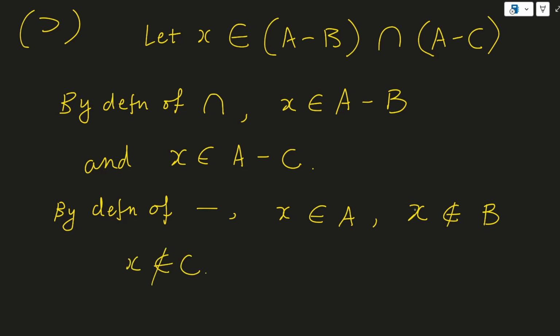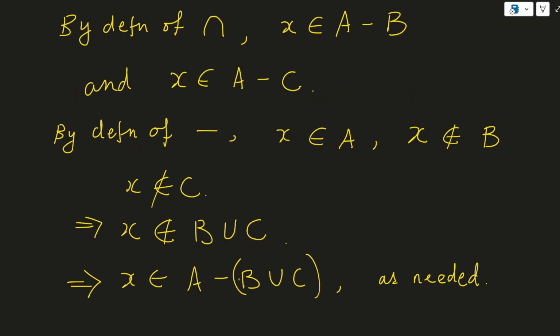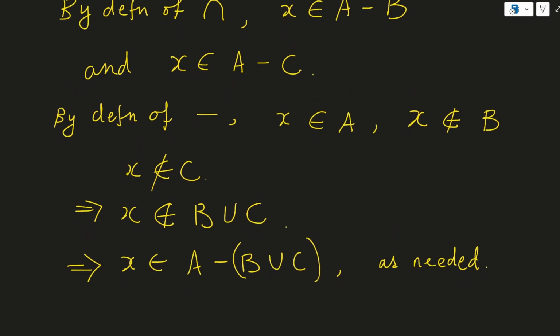So we see that X is in neither B nor C. That means X cannot be in the union of B and C. But at the same time, X is in A. So that means X is in the set difference A minus (B union C), as needed. So now we've proved both directions. The set equality is now established.